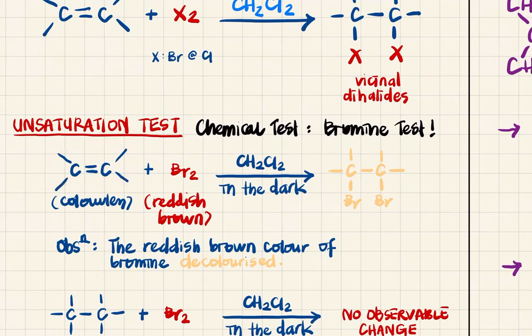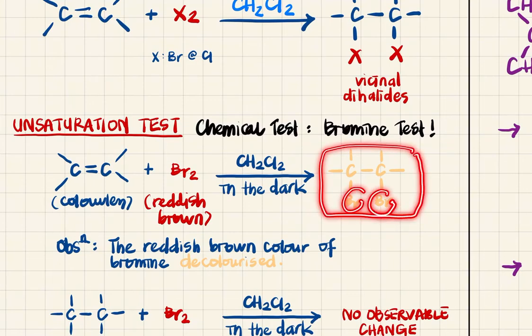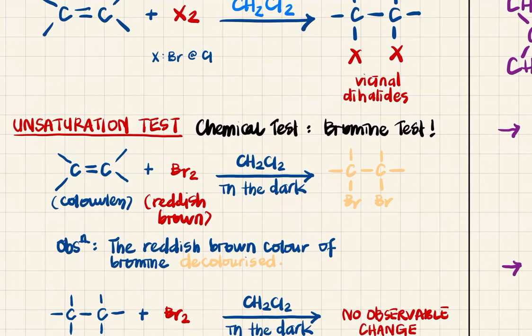You perform this halogenation in inert solvent in the dark, and you get this product where you have one bromine attached to each carbon. Your observation will be that the reddish brown color of bromine is decolorized. Before the reaction you have bromine with its reddish brown color, and after you don't have it anymore. That means there is a presence of a carbon-carbon double bond.